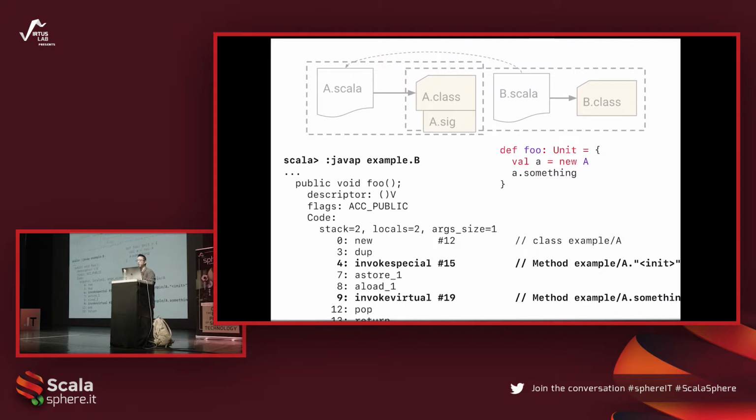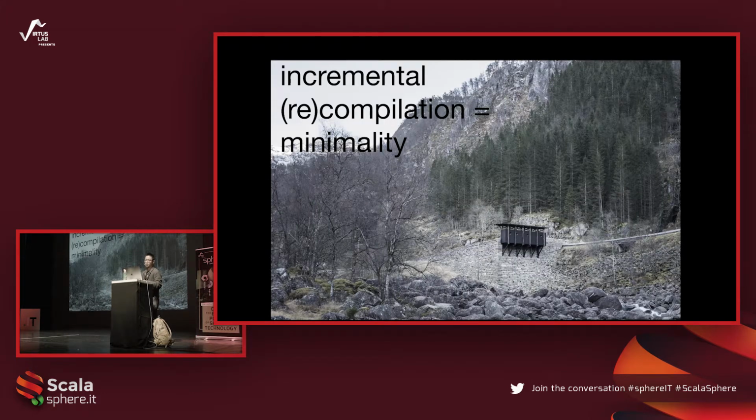You just need to know the name of the function that you're calling, and then the linking happens on the fly. This is a mechanism that allows you to compile things separately. So what is incremental recompilation? It comes down to this concept called minimality.